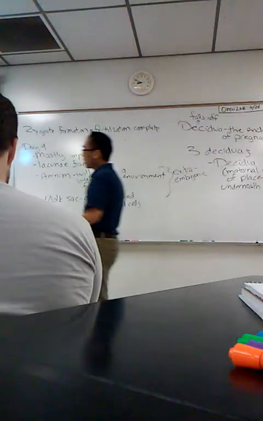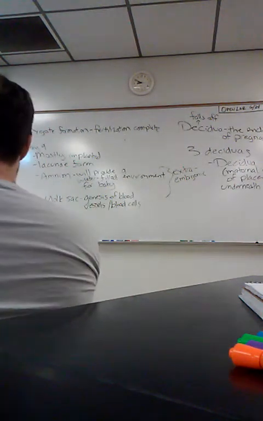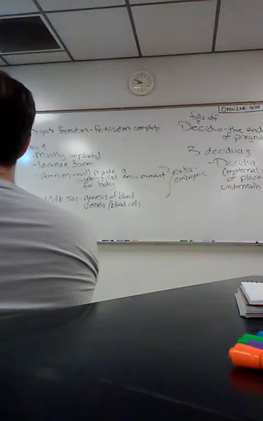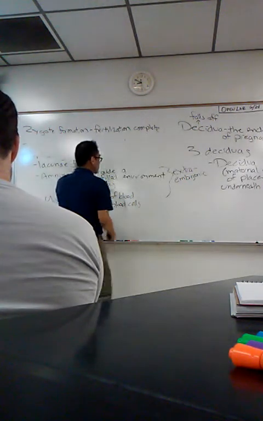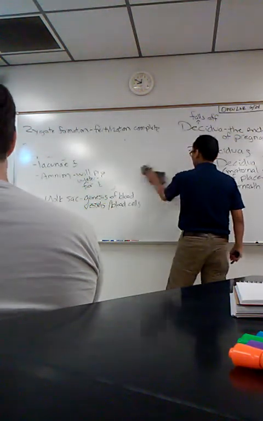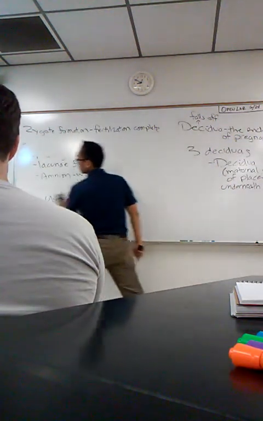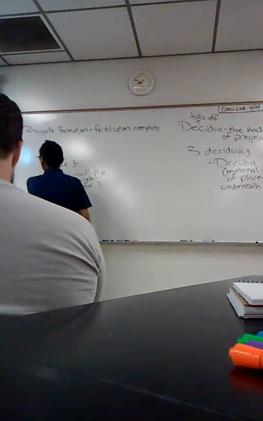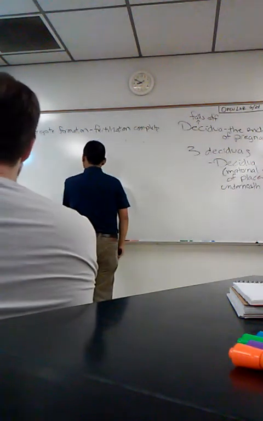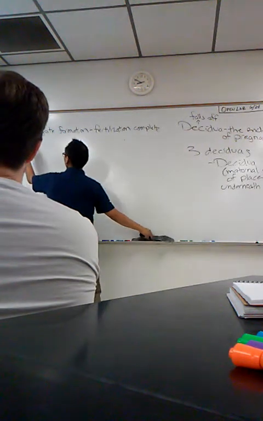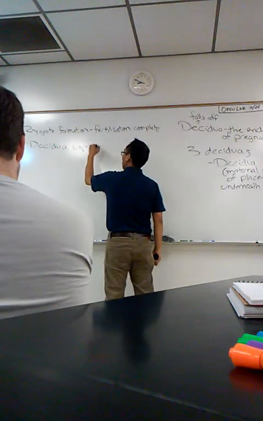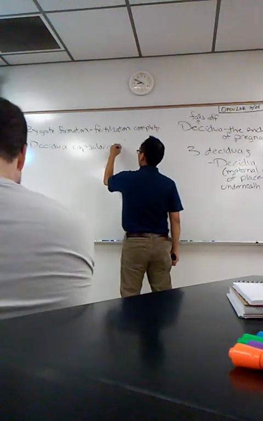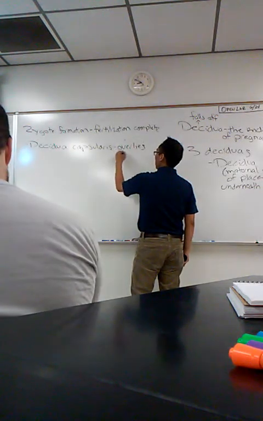The decidua that overlies everything on this side is the decidua capsularis. This little cap. Decidua capsularis overlies the embryo.